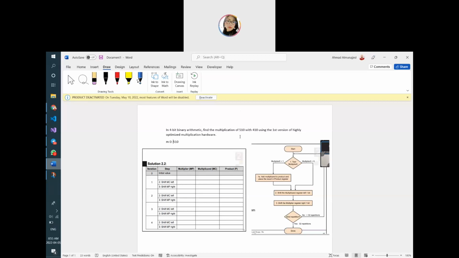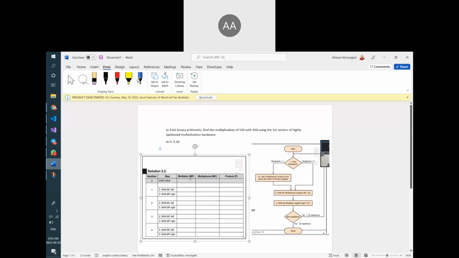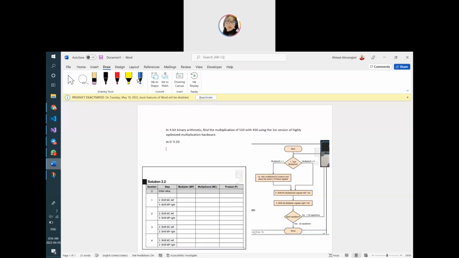Sorry, it's 5 what? 5 base 10, 5 decimal. And the other one is 4 base 10, 4 decimal.